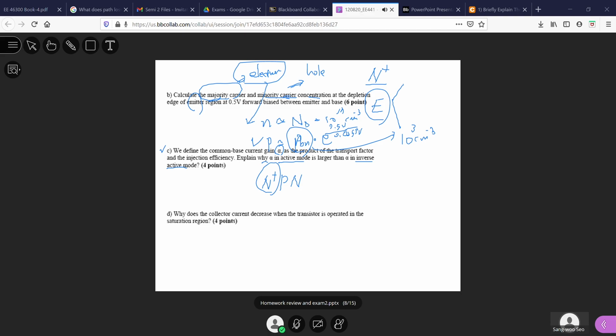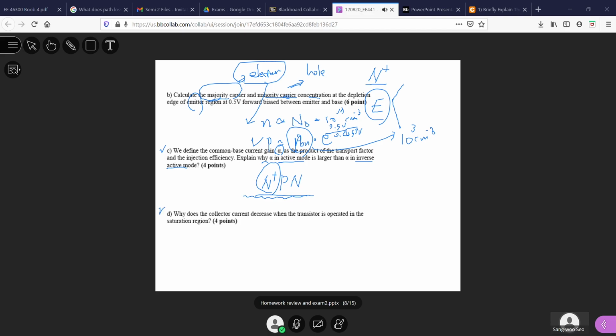Due to this, when you look at the alpha value in the active mode or inverse active mode, we can see that in the active mode, this alpha value is much larger than in the inverse active mode. So to answer this one, you need to mention that the doping of the emitter side is much higher than the collector side.